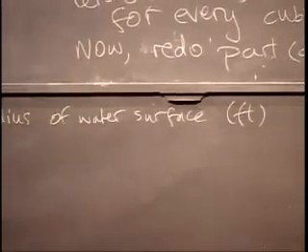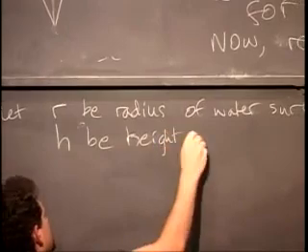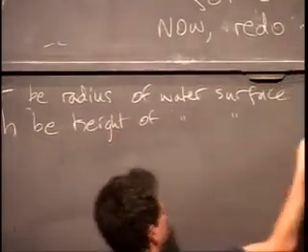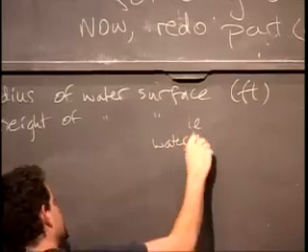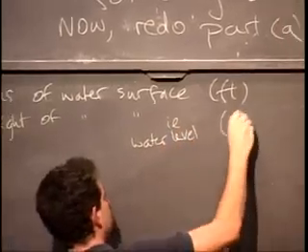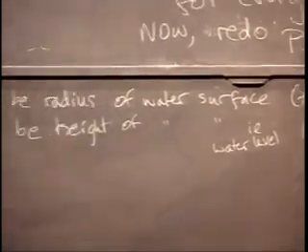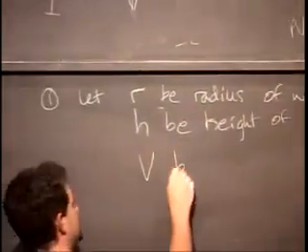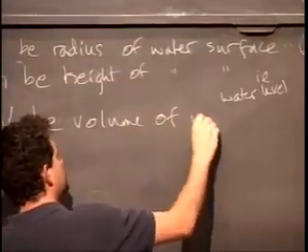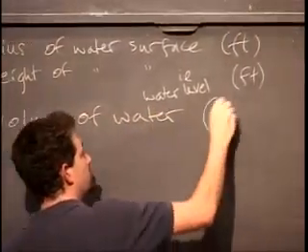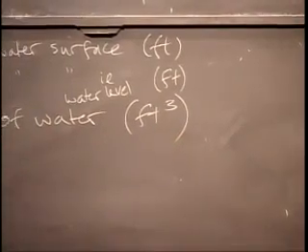Let h be the height of the water surface, i.e. the water level, in feet. Those are actually the only quantities that are changing, apart from V, the volume of water in cubic feet. So those are the changing quantities.